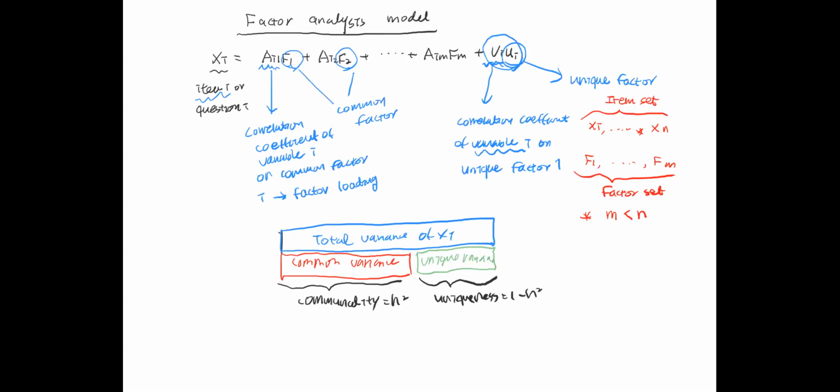So does anyone have any question? I had a question. For n, you said that those were items, like the number of items. What do you mean by that? So the number of items, you're asking, right? So in a survey context, the number of items is the number of questions.